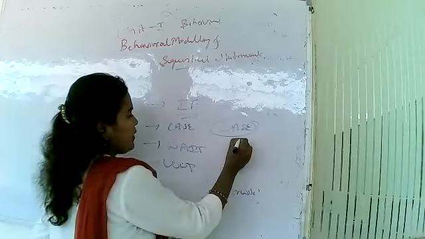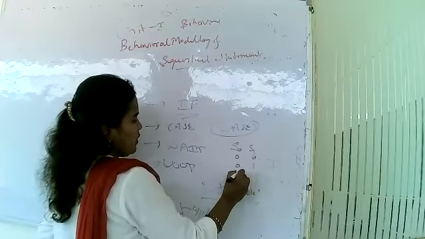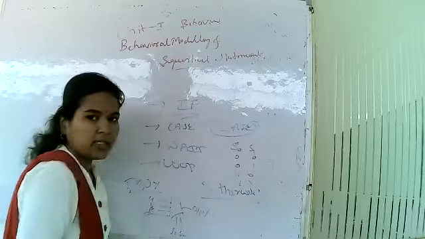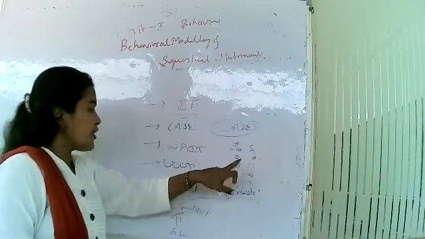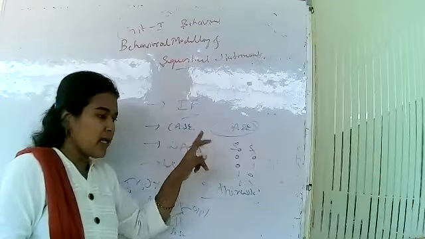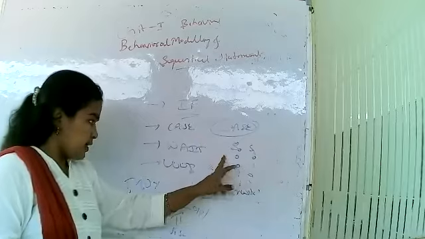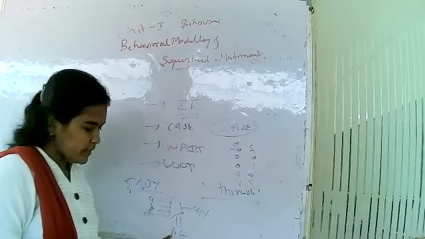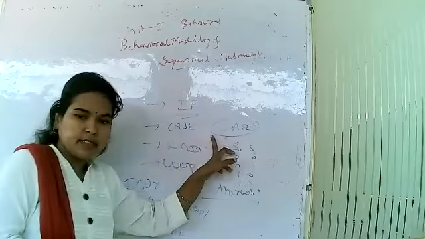For S0 and S1: 0 0, 0 1, 1 0, and 1 1. These are the different cases. It will check for different cases, so it is called case. It means you have different options, different selection lines. I am taking the multiplexer example to explain case.